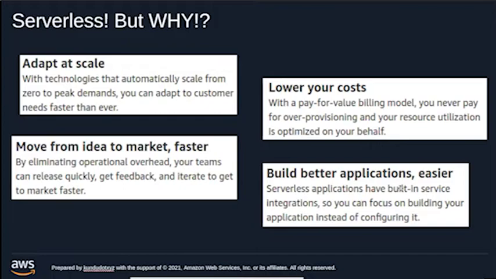You could configure things directly from the console, or programmatically, or with CDK, building your infrastructure as code. So there are multiple options available to build your application easily with serverless technologies.